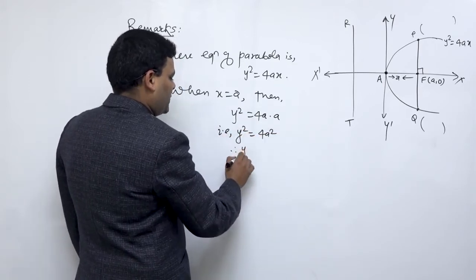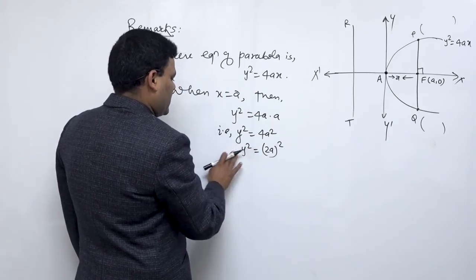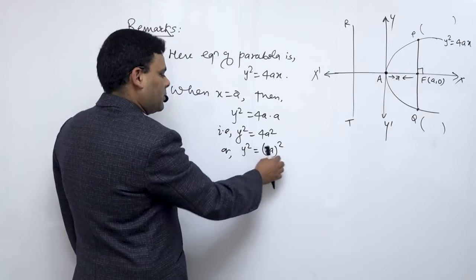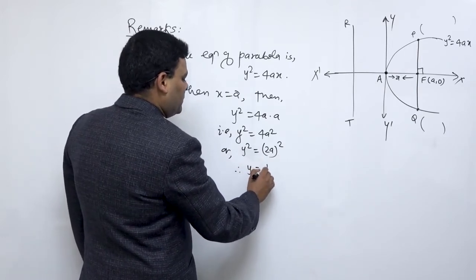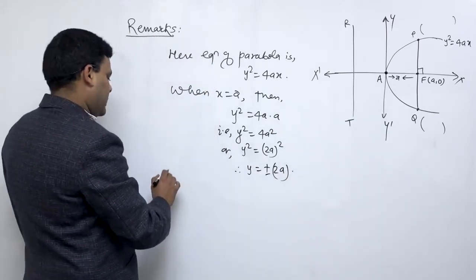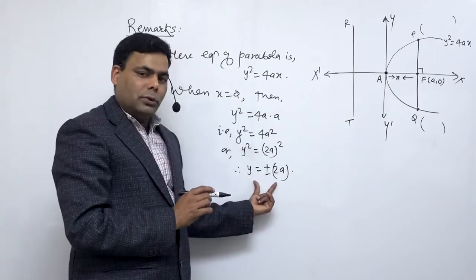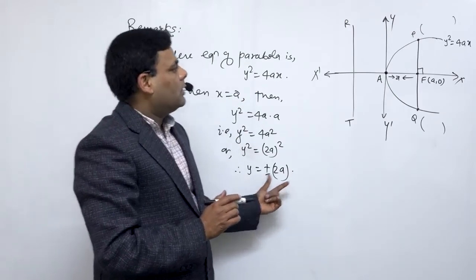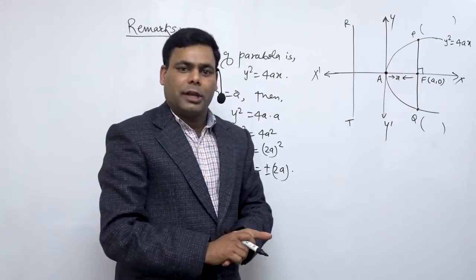Therefore y square equals to (2a) whole square, or y square equals to (2a) square. Therefore y equals to plus minus 2a. Hence, when the value of x is one, we get two values of y. That's why the latus rectum is also known as the double ordinate.